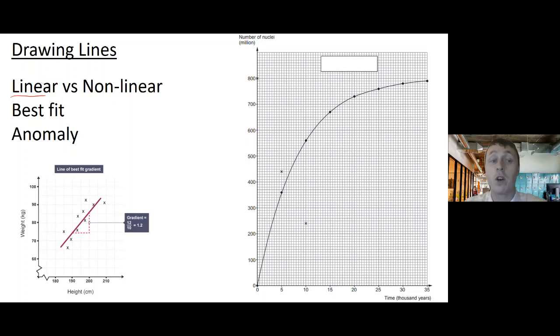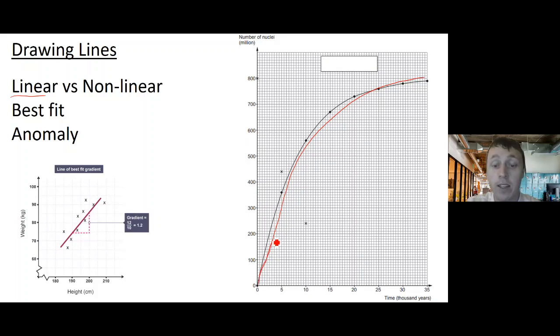This is where you would do a curve of best fit, and a curve of best fit is where you take your first point and in one clean line you curve around. When you do your lines, please make sure you do it in one single pass. Don't do wispy lines.